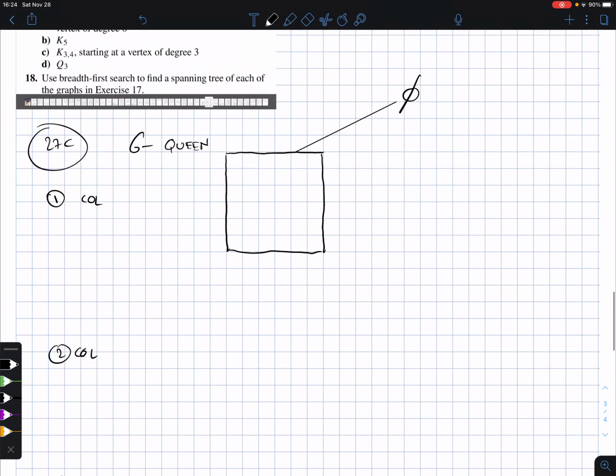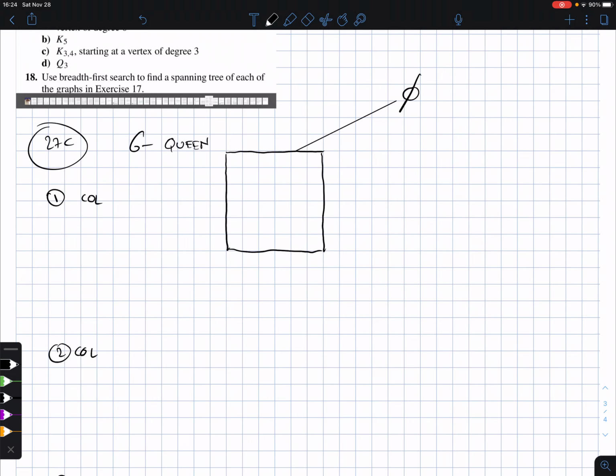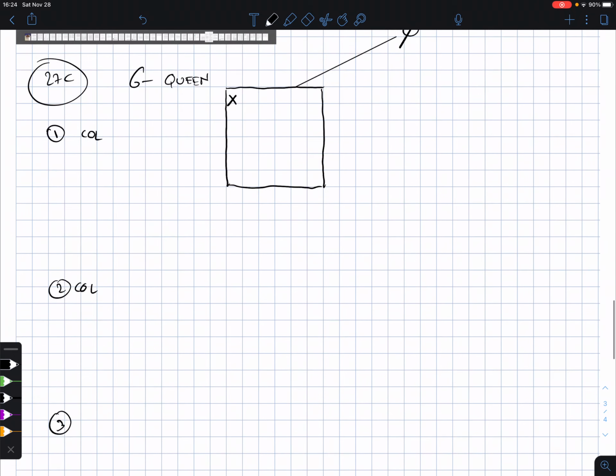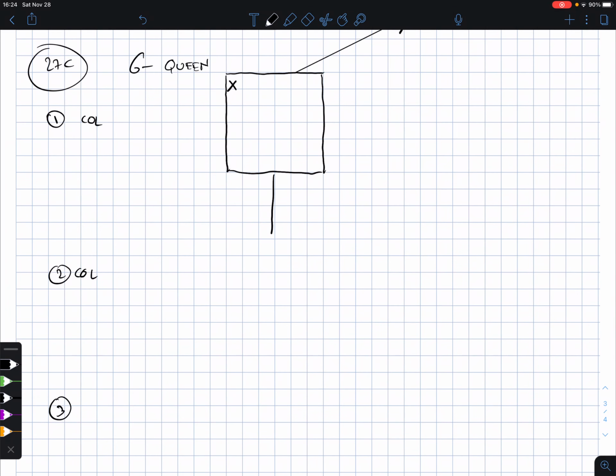All right, and so on. We try to do the first row, and if that doesn't work, so the levels are determined by the columns. The children will be determined by the rows. Okay, so we go to the top row, and then the next one we can do is we go down.